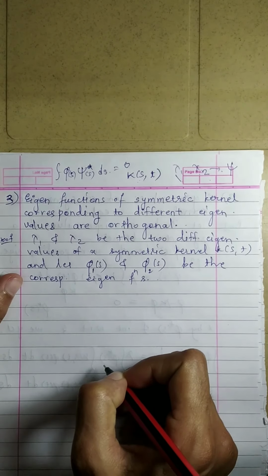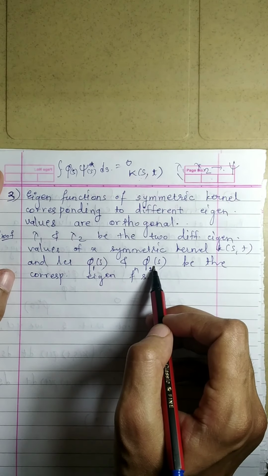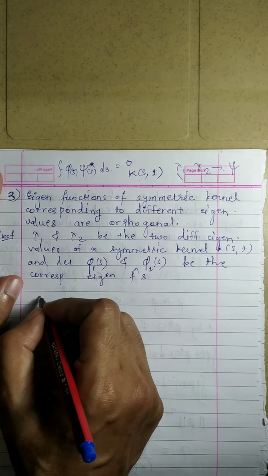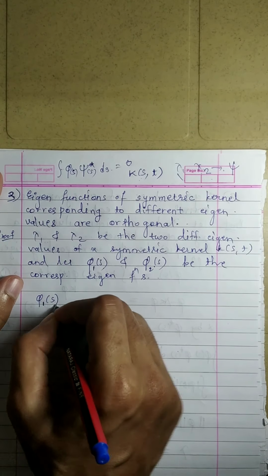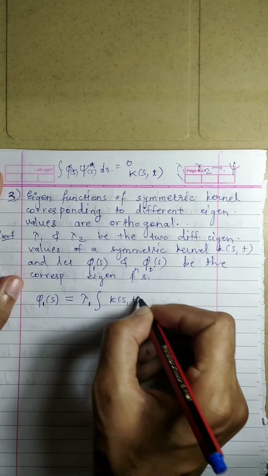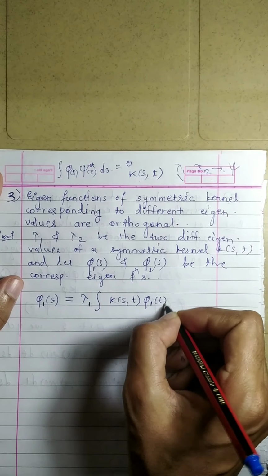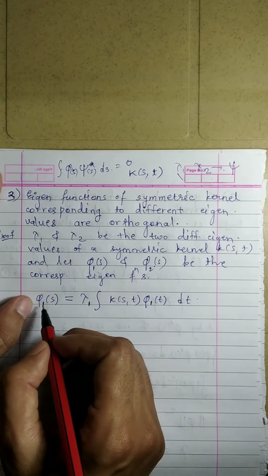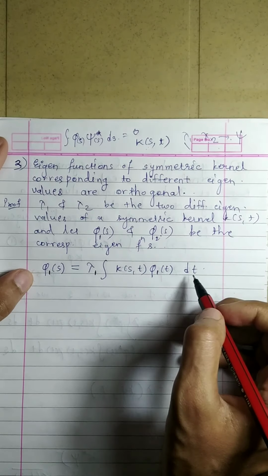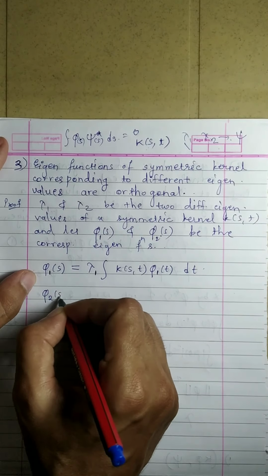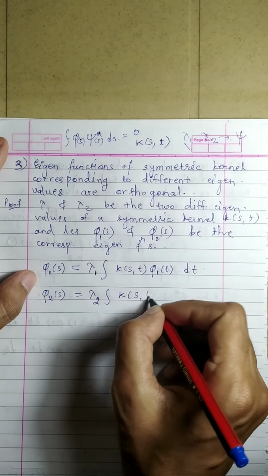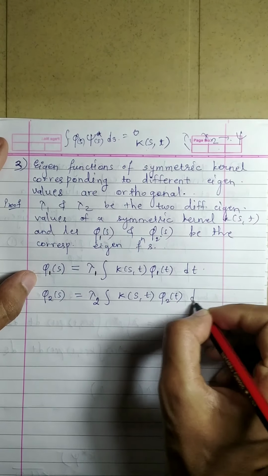Once we say that phi 1 of s and phi 2 of s are the corresponding eigenfunctions for these lambda values, then I can very well write these equations. Phi 1 of s is equal to lambda 1 integral K(s, t) phi 1(t) dt. It is an eigenfunction, meaning it is a solution of this homogeneous equation. Similarly, phi 2 of s is equal to lambda 2 integral K(s, t) phi 2(t) dt.